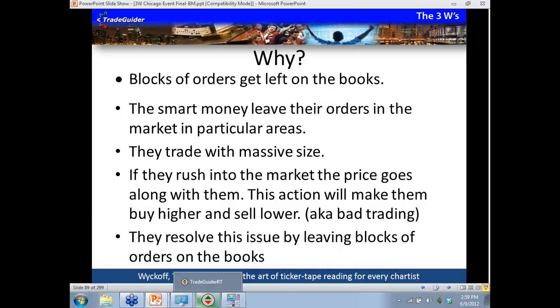They've got such mass quantity, they're just going to keep pushing the price up against themselves. That's bad business. We don't want to buy highs and sell lows. So they resolve this issue by leaving blocks of orders in certain areas, and they'll rush up.